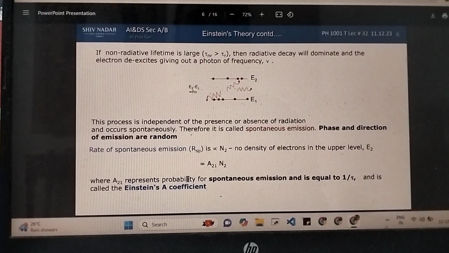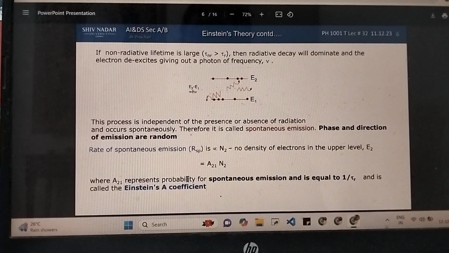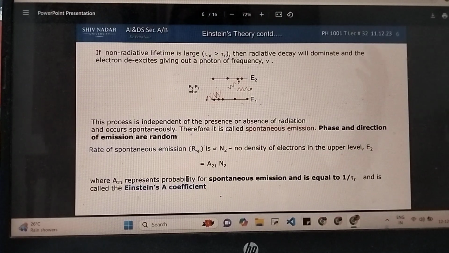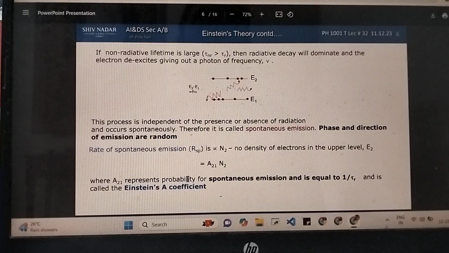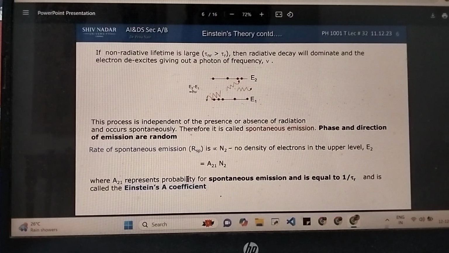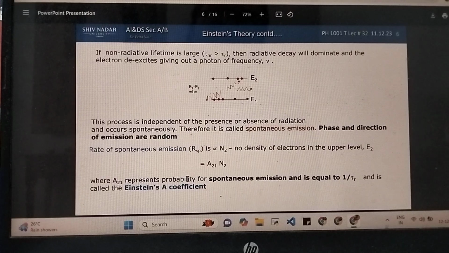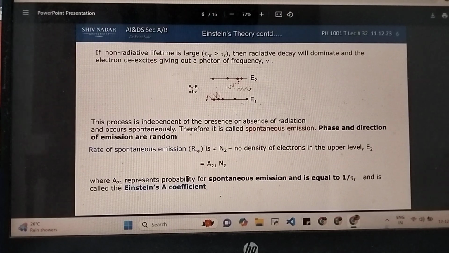emission. Why probability? Again, it is not necessary that every electron chooses to come back. I mean, every electron will choose to come back at some time or the other, but it also depends upon how much energy that electron got while absorption was happening. So if an electron got more energy during absorption, it might stay there for a longer time in the higher level.